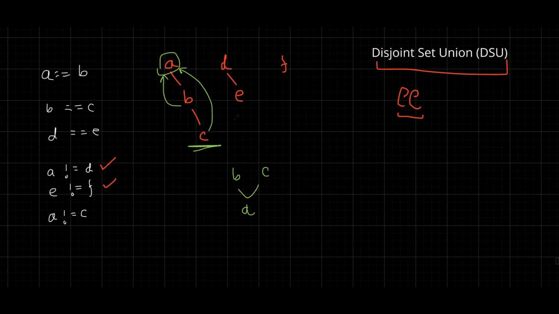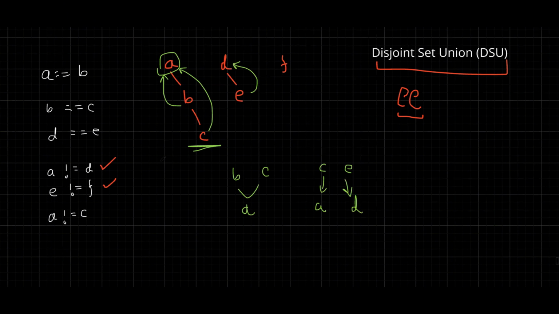Now, suppose we have to check whether C and E are present in the same component. The ultimate parent of C is A and the ultimate parent of E is D. So both of them are not equal. That means we can say that C and E do not belong to the same component or the same group.